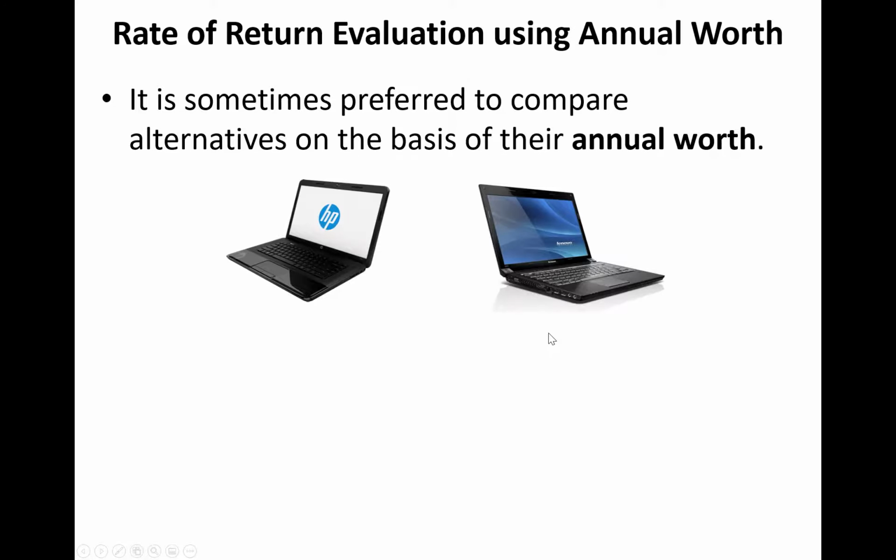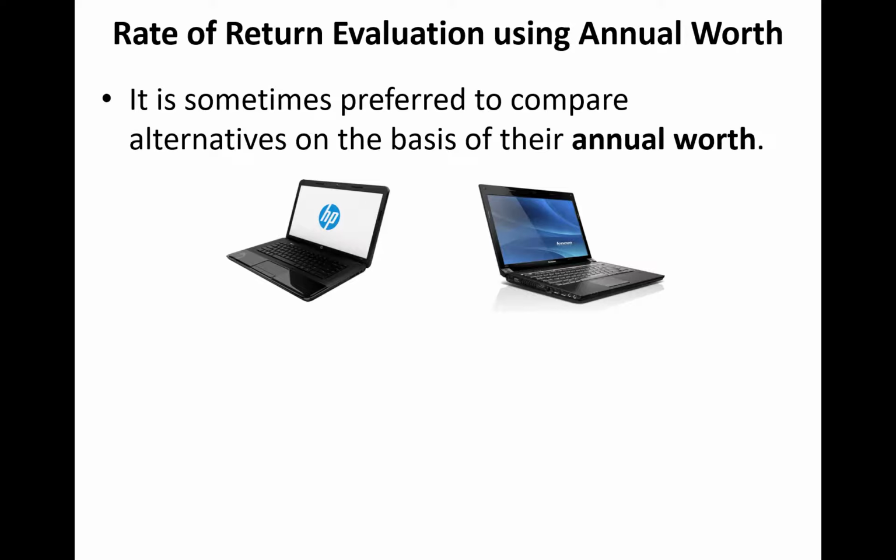All right, well, today we're going to do rate of return analysis, where we look at the annual worth of items. There are certain things where it just makes sense to consider the cost of those items on an annual basis rather than on the basis of their initial purchase price. Some of the equipment that may make sense to consider on an annual basis would be transportation costs.